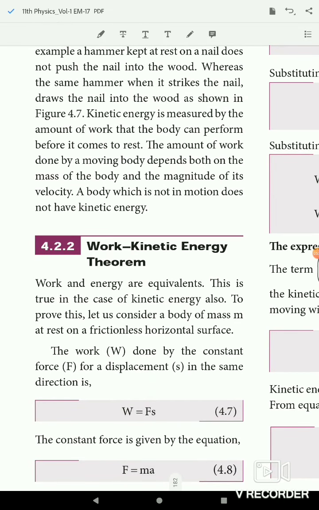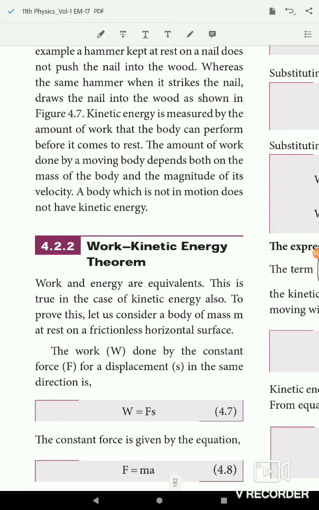So, kinetic energy is measured by the amount of work that the body can perform before it comes to rest. The amount of work done by a moving body depends both on the mass of the body and the magnitude of its velocity. A body which is not in motion does not have kinetic energy.